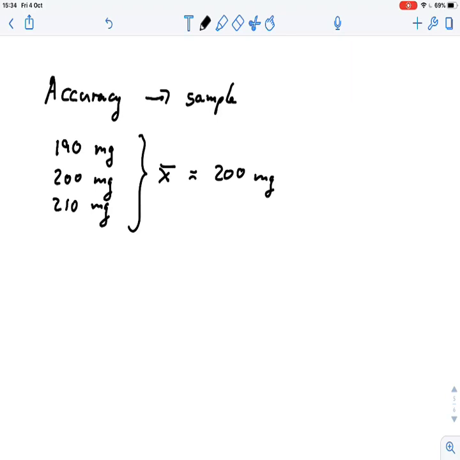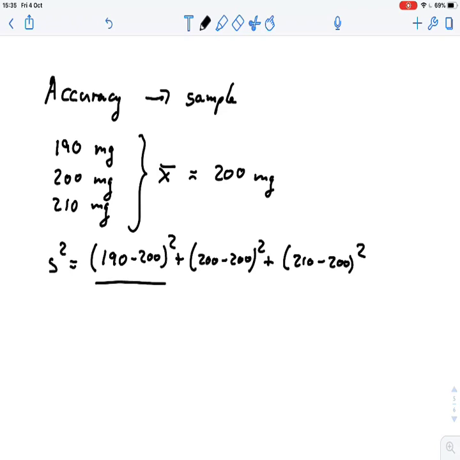We now calculate our sample variance. 190 minus 200 squared plus 200 minus 200 squared plus 210 minus 200 squared, divided by what? N minus 1, exactly. Because we have a sample, we do n minus 1. Don't forget that.